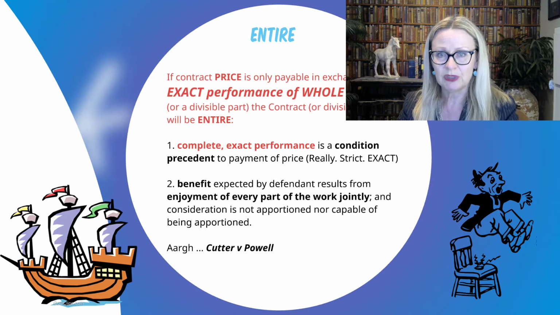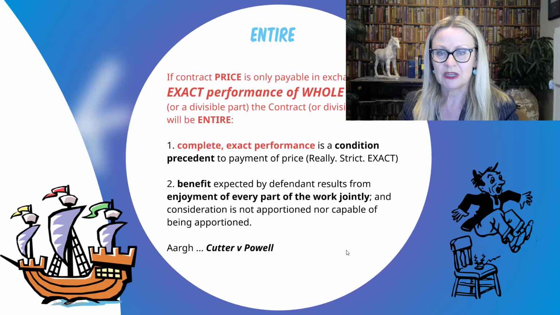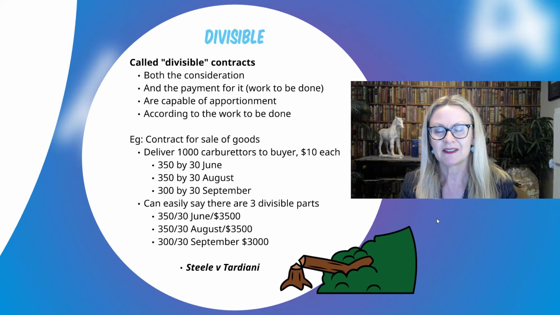Normally, a court will not interpret a contract as entire. It will be interpreted as divisible. And divisible contracts are far easier to claim upon for some payment where there has been less than complete and exact performance.